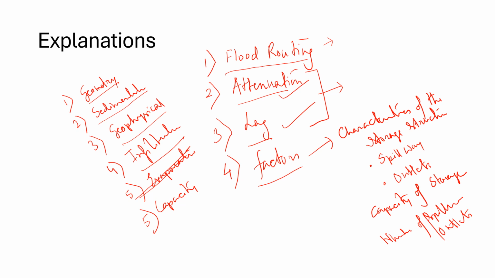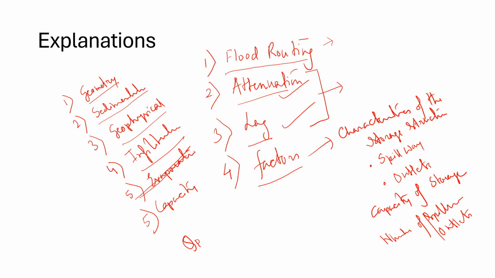So here we'll try to model the peak flow of the outflow hydrograph. As I have said, flood routing is nothing but estimation of outflow hydrograph from inflow hydrograph, which has the potential to cause flooding in the downstream.